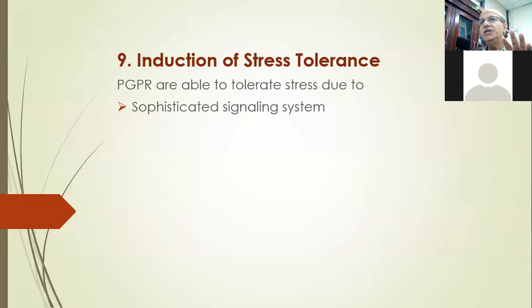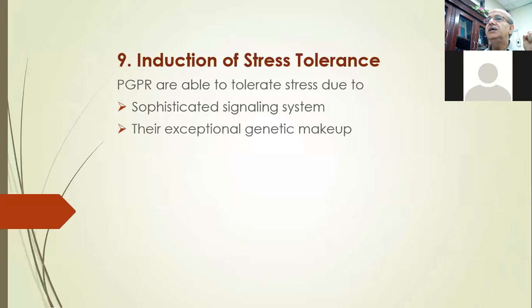So you have to adopt certain mechanisms to compete with that stress. Then their exceptional genetic makeup: they have some special genetic makeup which allows those bacteria to grow even under stressful conditions.